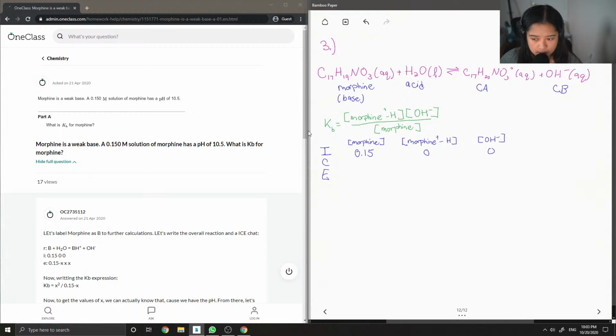Since this is the start of the reaction, they aren't there yet. For the change, it's going to be minus x, and then the change for the products is plus x. And then lastly here, the equilibrium.